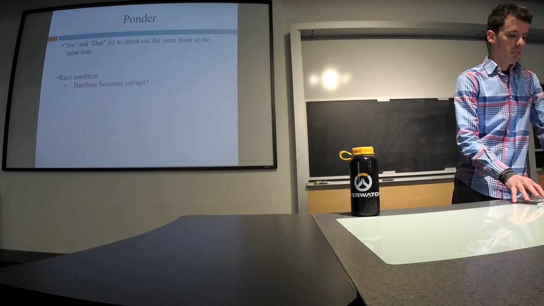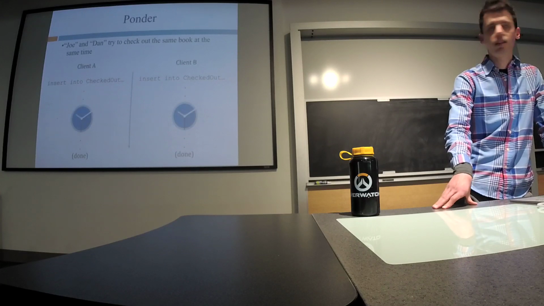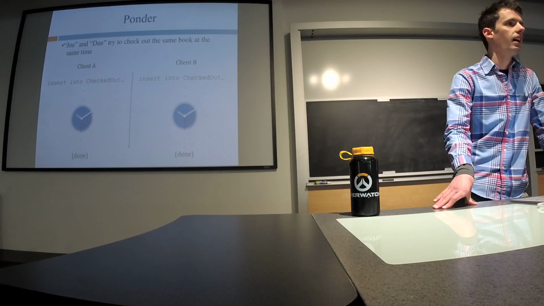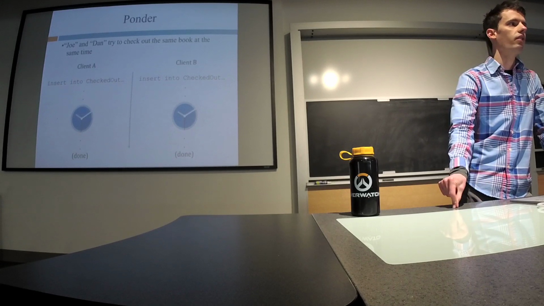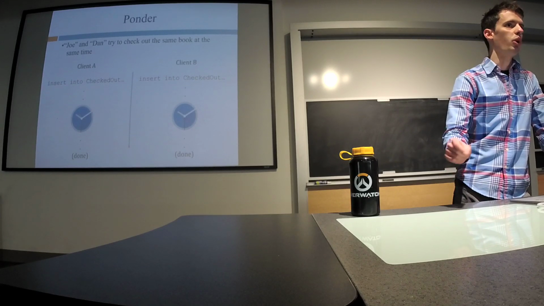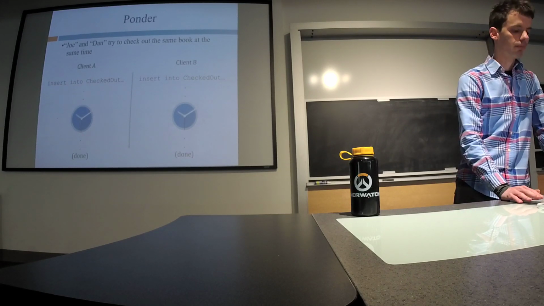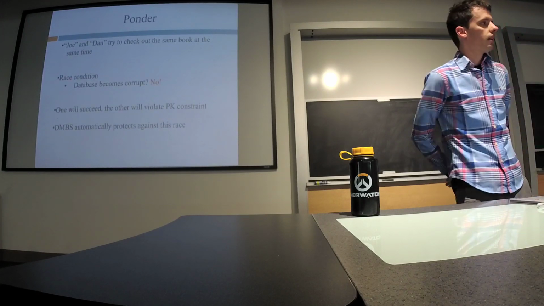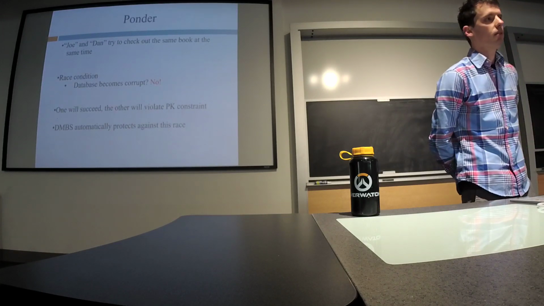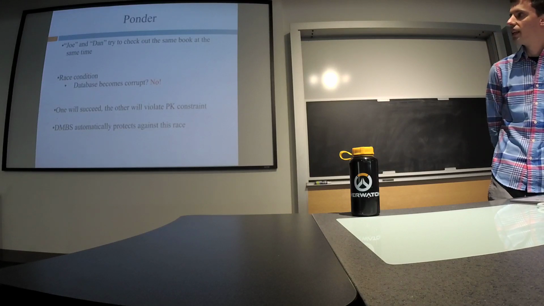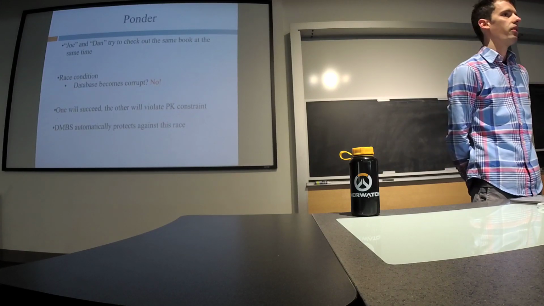So back to here, one of these insert commands will succeed, and the other will be a primary key violation, since the book would already have been checked out. Okay, so that's good. We don't have to manually worry about things like that.